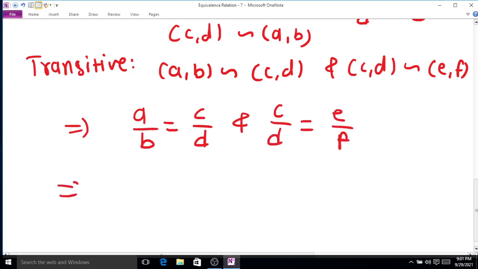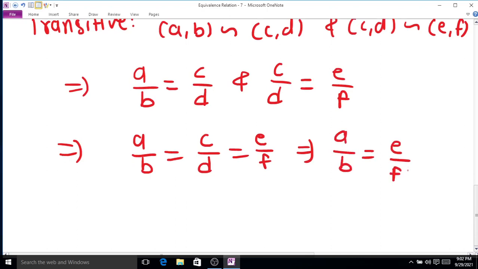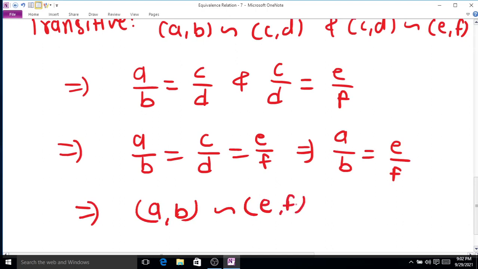So this implies a upon b is equal to c divided by d is equal to e divided by f. So this implies a divided by b is equal to e divided by f, and therefore we can say that here (a, b) is related to (e, f), and therefore the given relation is transitive.